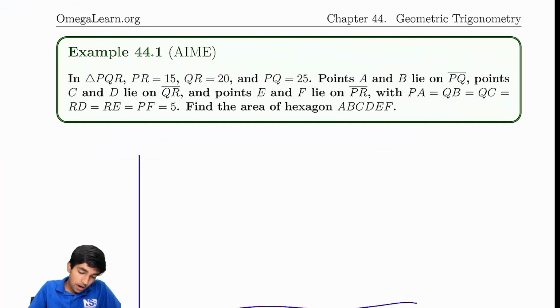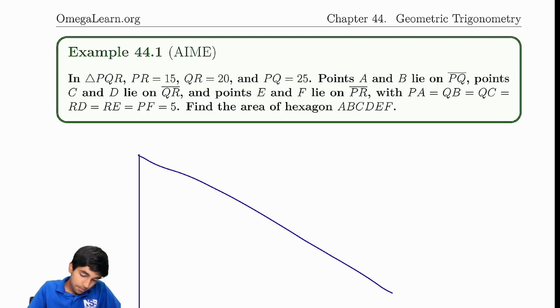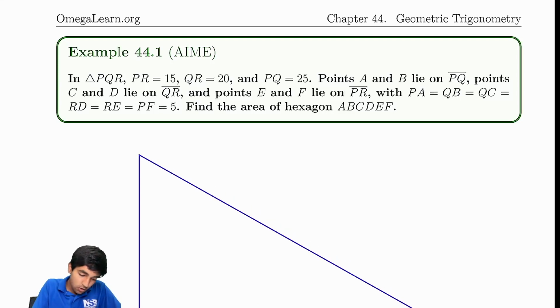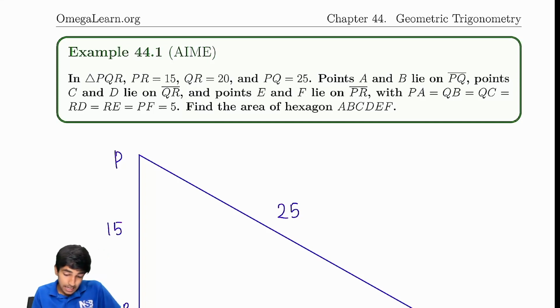You've got a right triangle PQR. PR is 15. QR is 20. QP is 25. A and B lie on PQ. C and D lie on QR.